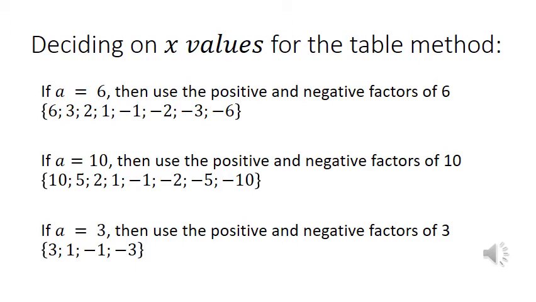And then the third one that I did there, if your a value is 3, you would also use 3, 1, -1, and -3. So it would be your positive and your negative values. If it was -3, you would use the same, because 3 times -1 gives you -3, and 1 times -3 gives you -3. So you would also use the positive and negative values if your a value was negative.